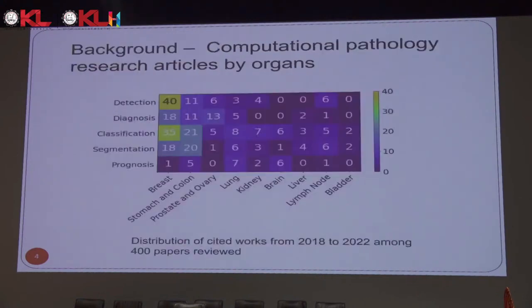the detection part. If you look at the background on computational histopathology, we have the research articles by organs. There's a research survey paper which surveyed 400 papers. Out of that, by brain, there are hardly 7 to 8 papers going by the classification, and breast cancers are very widely researched.